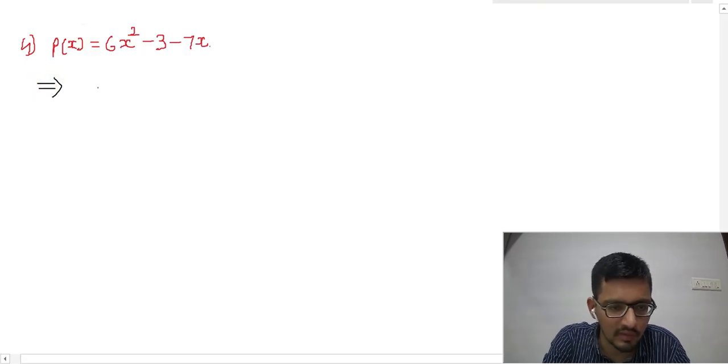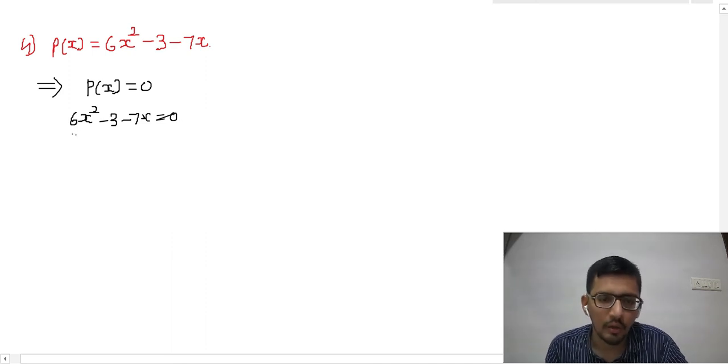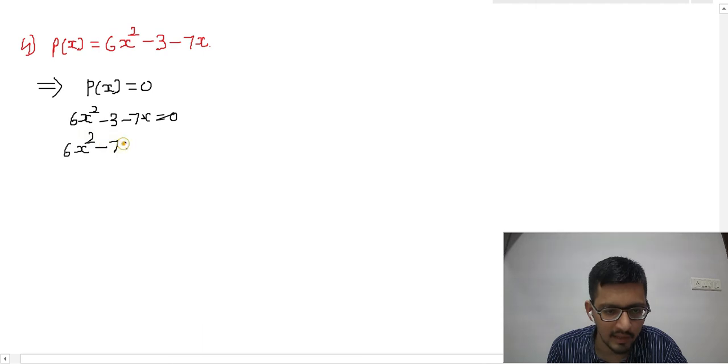To find zeros, the procedure is to set the polynomial equal to 0. So 6x square minus 3 minus 7x is equal to 0. Now don't forget to write in standard form. In standard form: 6x square minus 7x minus 3 is equal to 0.